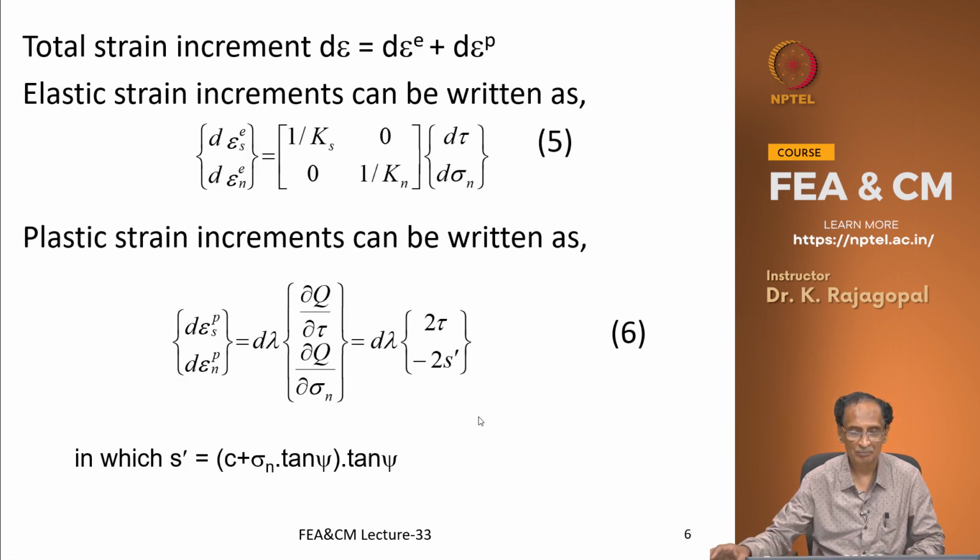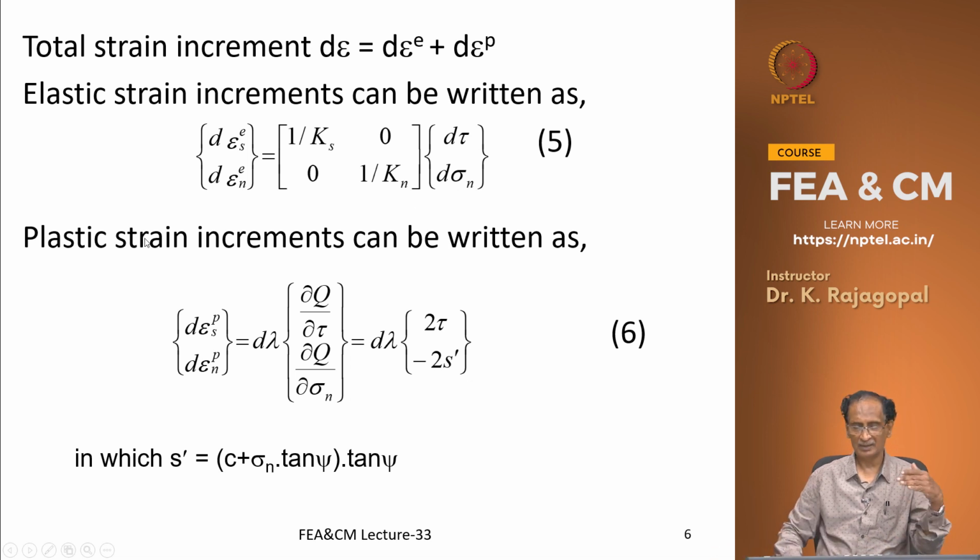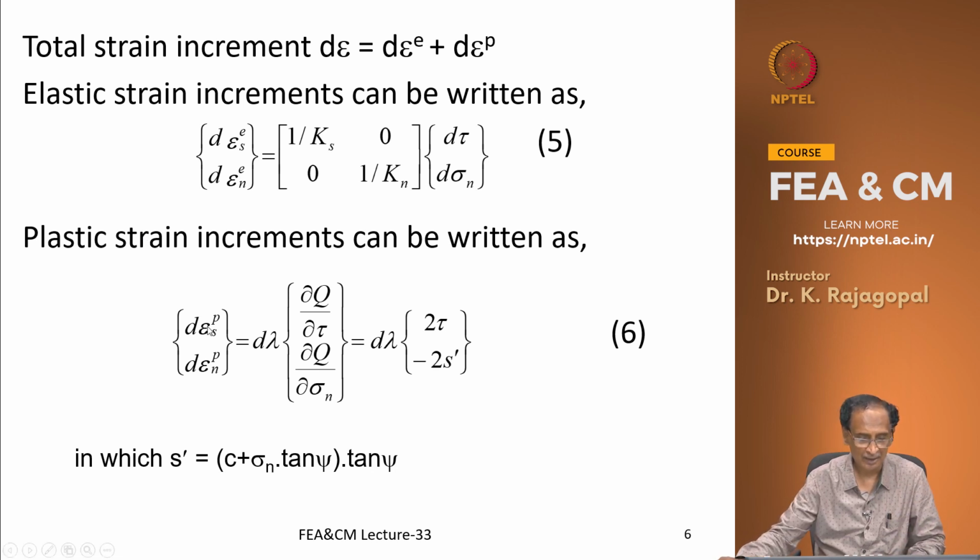And in the elastic state, our strain increments d epsilon s e and d epsilon n e are just simply 1 by ks times d tau and 1 by kn times d sigma n. And then during the plastic state, the plastic strain increments d epsilon s p and d epsilon n p are d lambda times dou q by dou tau and dou q by dou sigma n.